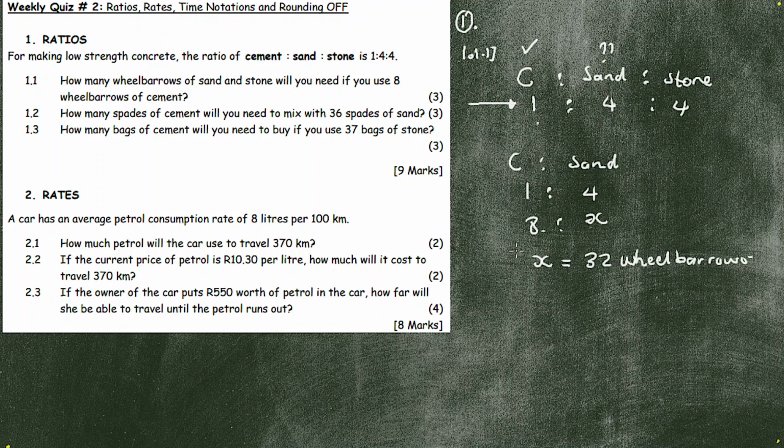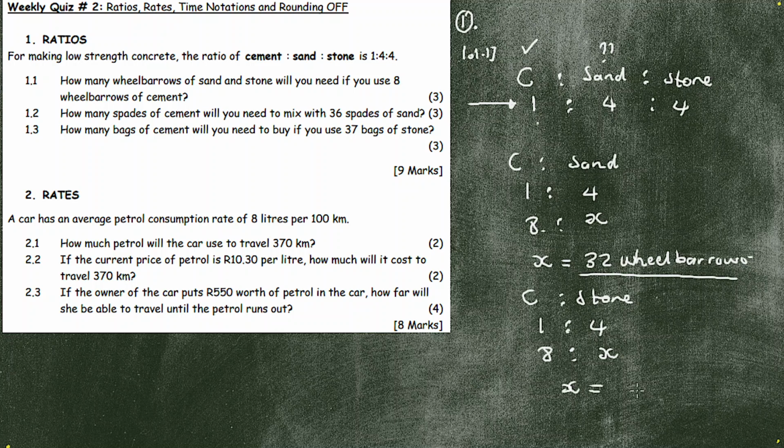Then you come back and take cement and stone. There's a ratio of 1 to 4, and I'm given 8 wheelbarrows. I want to find out how many wheelbarrows of stone I need. I cross multiply, and I'm getting the same answer as above. So this is another way of doing it.